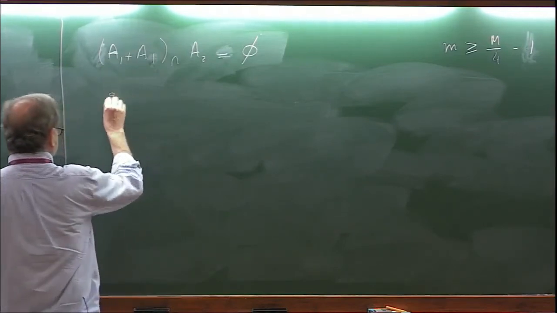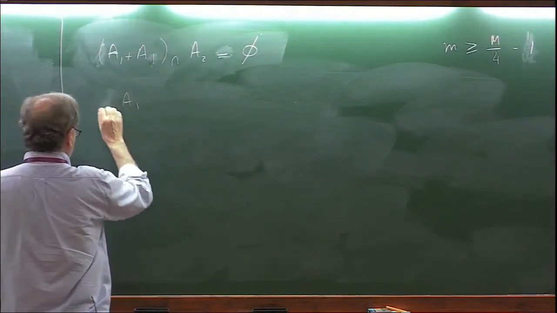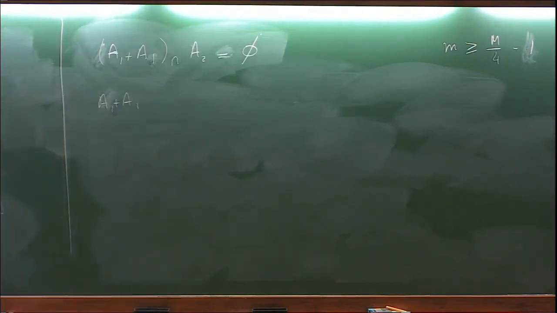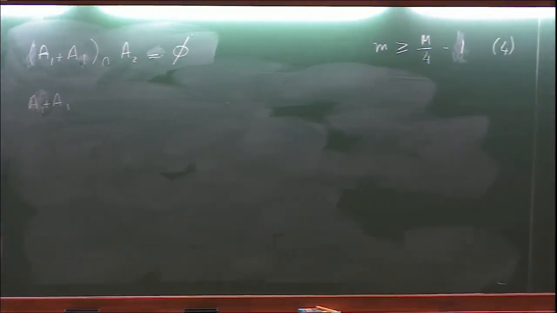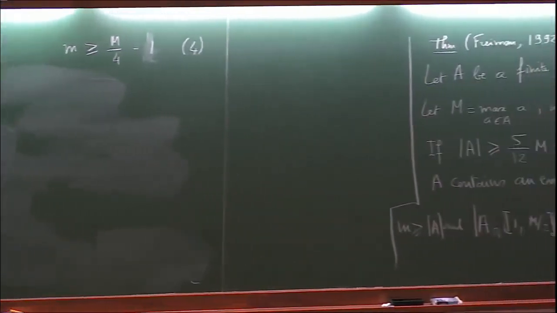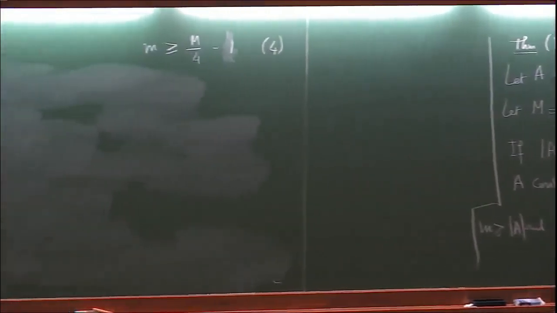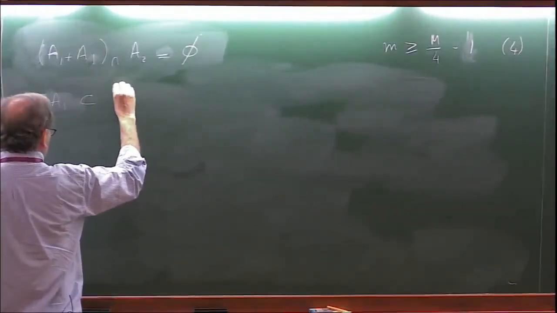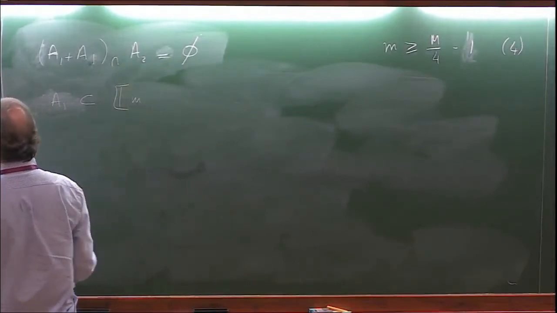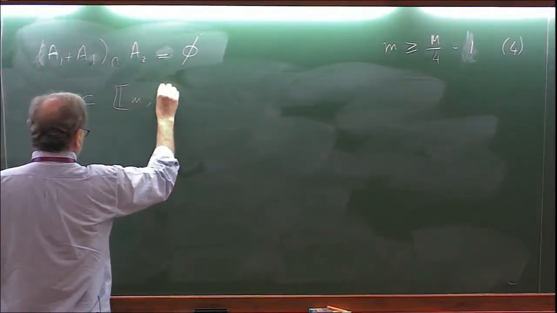Now, what can you say about 2A1? Well, A1 plus A1, better to write it like that, because 2A1 may be ambiguous. The way I was writing, one half of A was the half of the elements of A, so A1 plus A1. Now, A1 is included, of course, in M over 2.